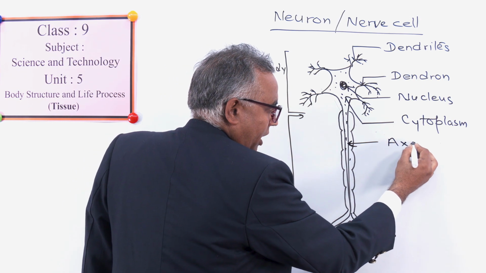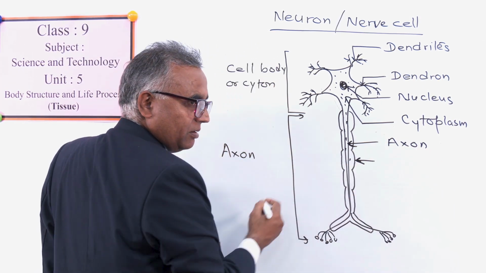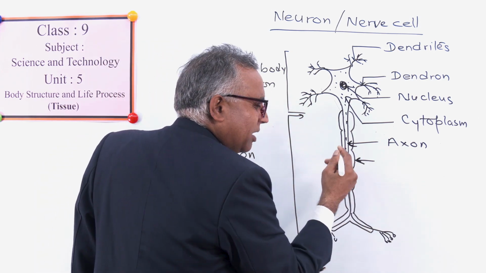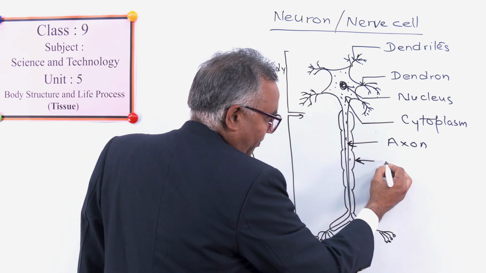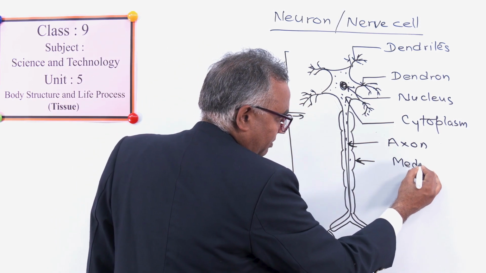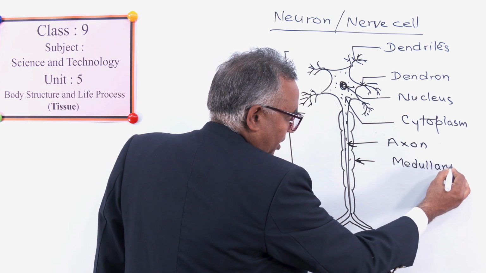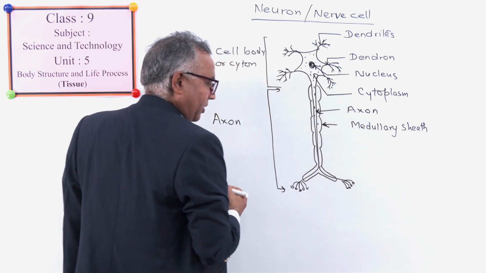It may or may not be covered by this sheath, this covering. This structure is called the medullary sheath or myelin sheath.